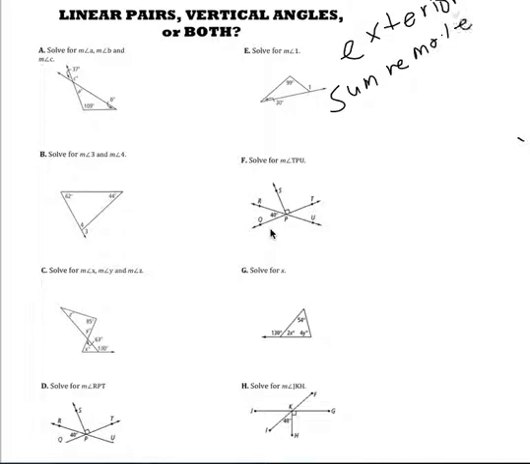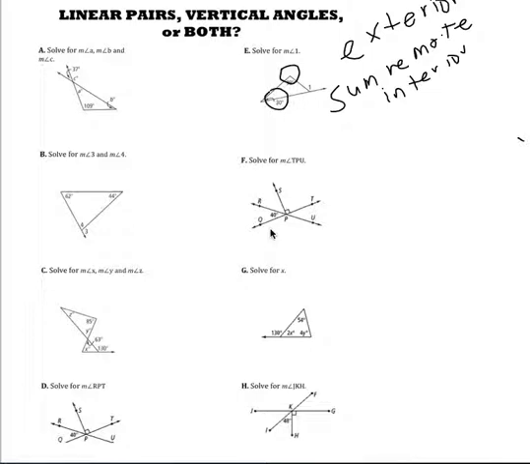We can identify our remote interior angles as the two other angles that are not lying right next to our exterior angle. So in this example, 99 and 30 would be considered our remote interior angles.